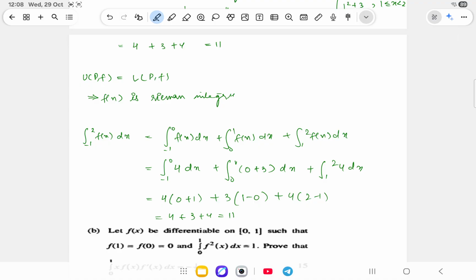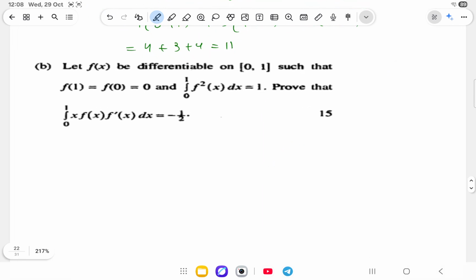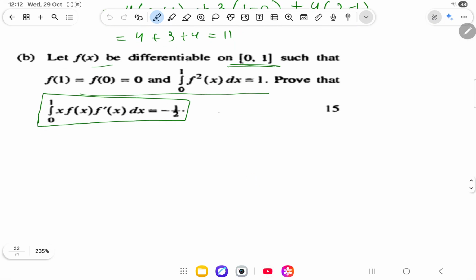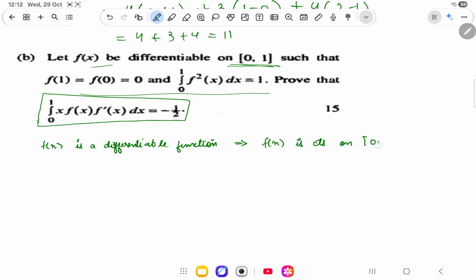Let's move on to discuss the next question. The next question says that if f(x) is a function differentiable on the closed interval 0 to 1, and this function f(x) holds these properties as well, then we are supposed to prove that this relation holds. So let's see what information is given to us. f(x) is a differentiable function, and since it is differentiable, we can conclude that f(x) is continuous as well on the closed interval 0 to 1.